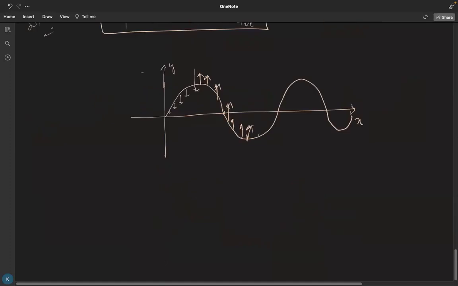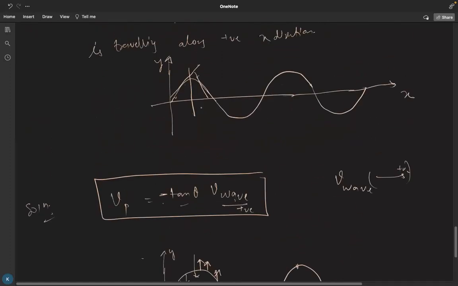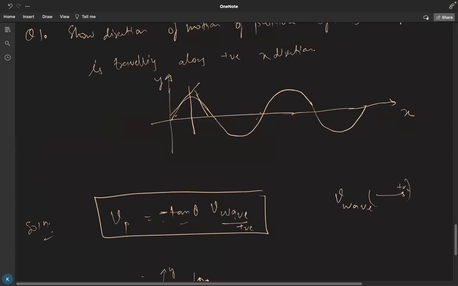Similarly, for this region, we again have a velocity up to this region. If I draw the tangent, it will give a positive slope, because this is positive tan theta and this is negative tan theta. Easy straight line things.